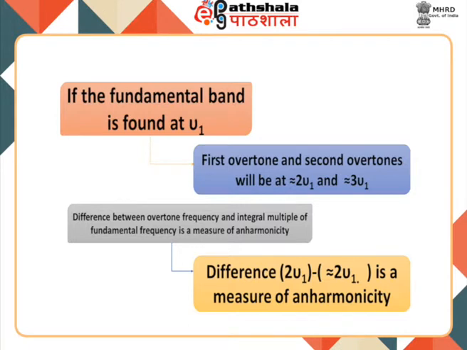For the first overtone, the integral multiple of the fundamental is 2 into nu1, that is 2 nu1. The frequency for the first overtone is, say, approximately 2 nu1. Therefore, the difference, 2 nu1 minus the approximate 2 nu1, is a measure of anharmonicity.